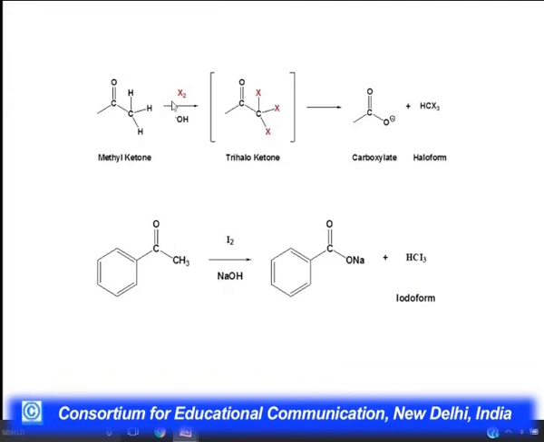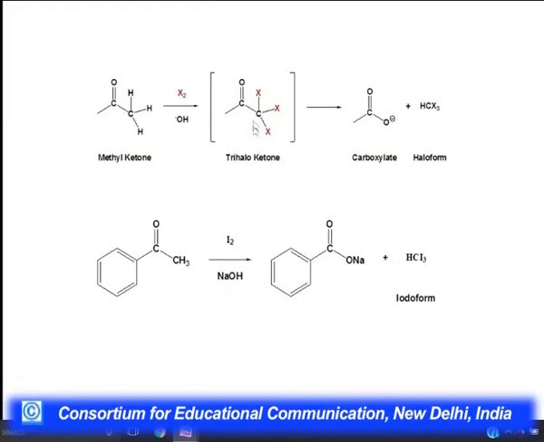When we do the reaction with excess halogen in a basic medium, all the 3 hydrogen atoms are replaced with a halogen atom, and it is converted into a trihalo group.